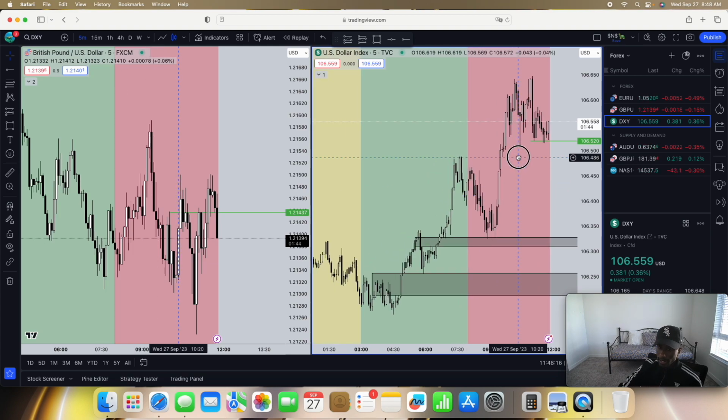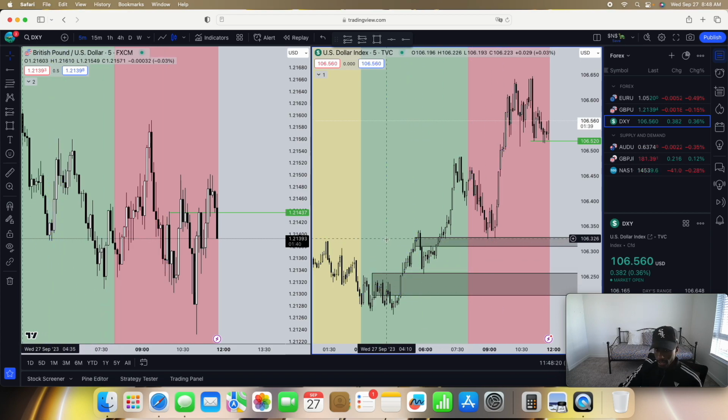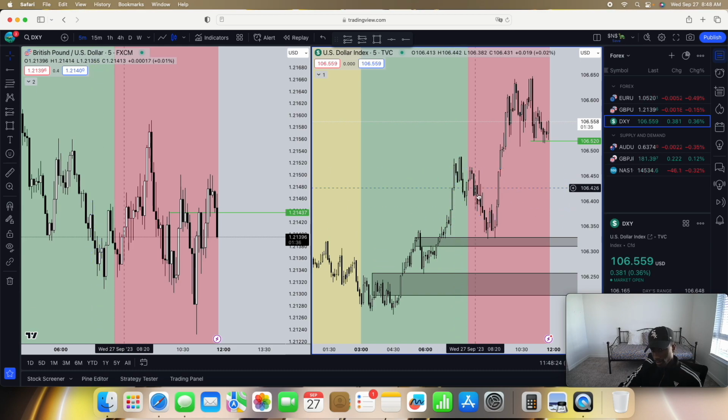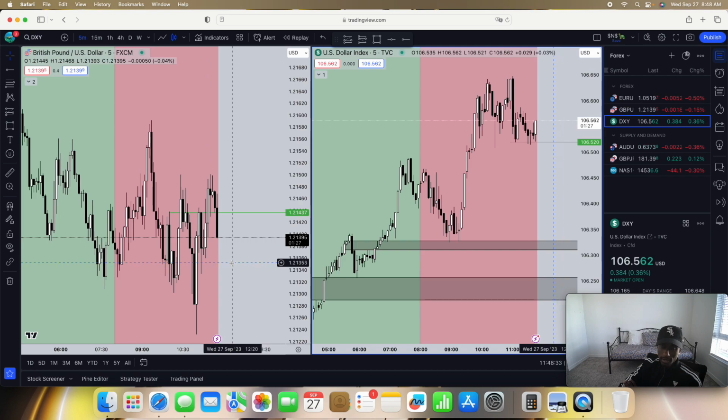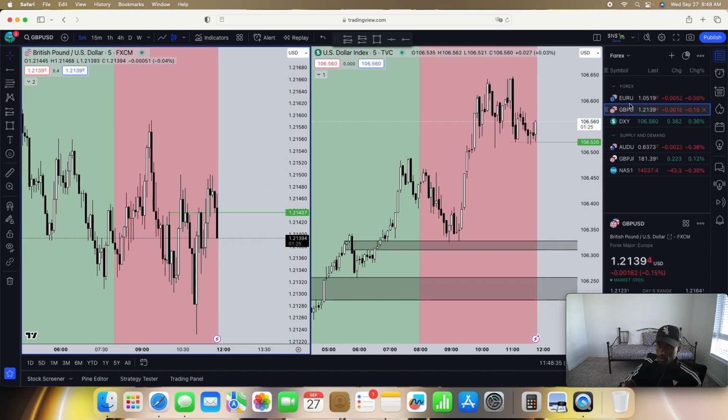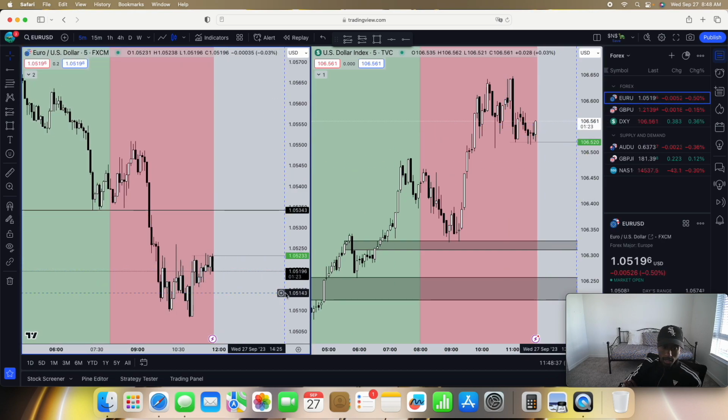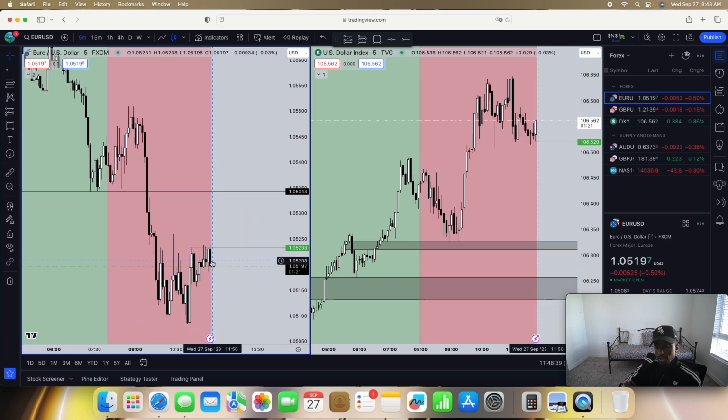Let's look at today in London session. Got a little fair value gap right here, filled. Got these gaps right here, filled. So I was hoping the DXY would fill these gaps, that way I could get a trade on EU to the upside.